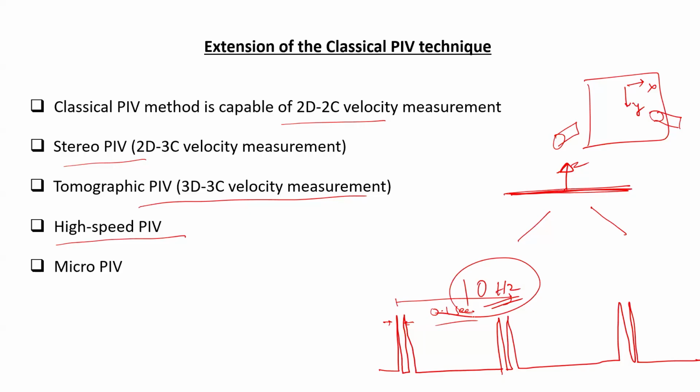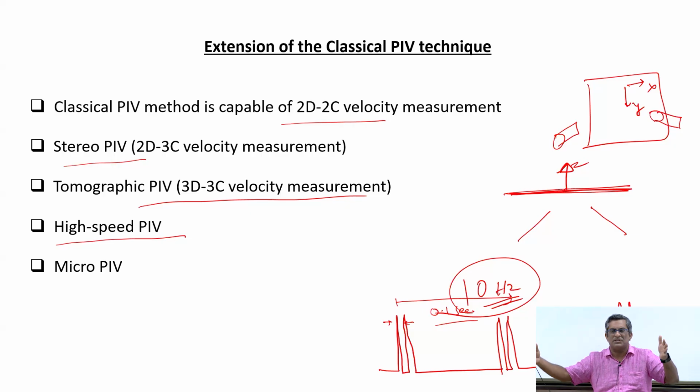And if this time scale is longer than the large eddy time scale, I hope you are able to follow it, this would mean that you would capture the flow field in different eddies at different times, which are not correlated. These are uncorrelated measurements, which also can be used to calculate the statistics.